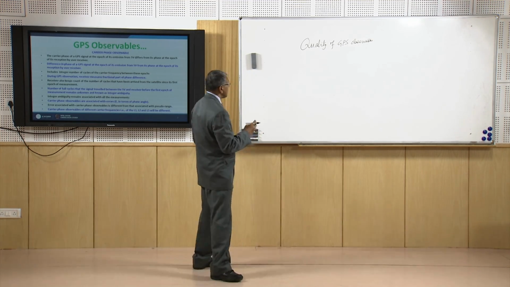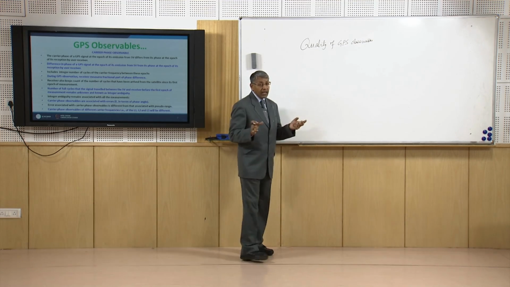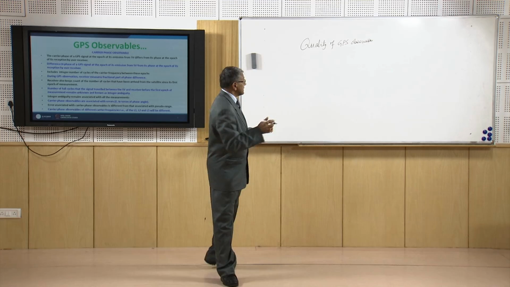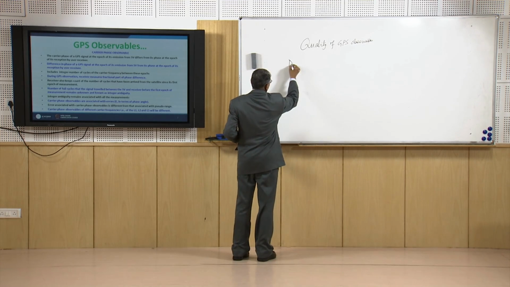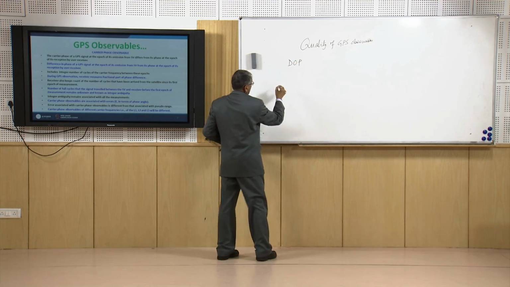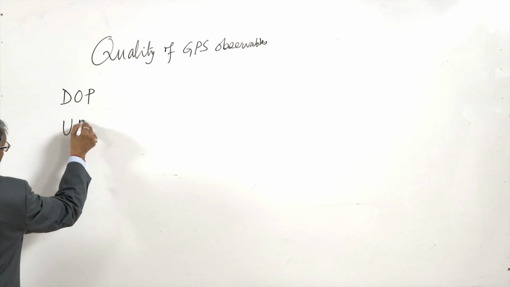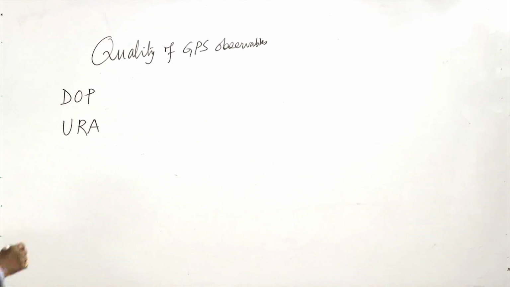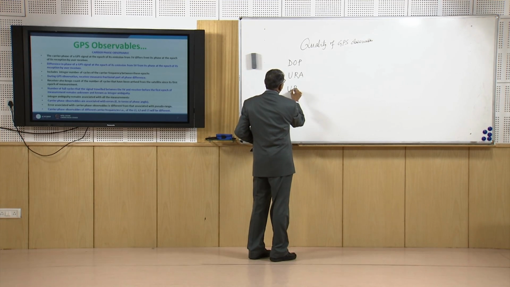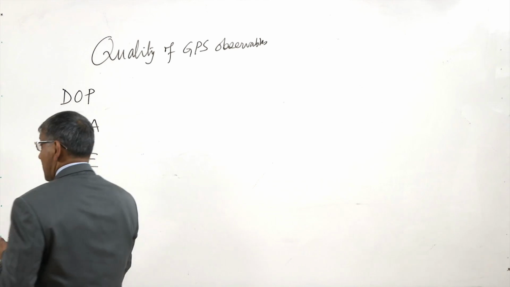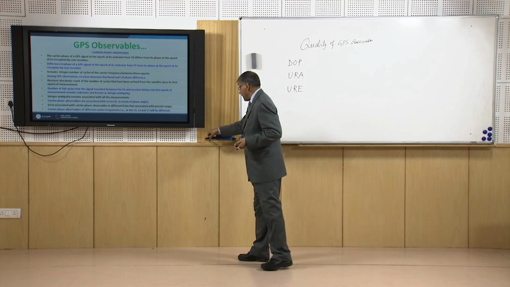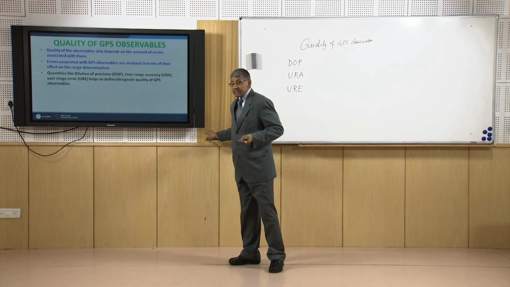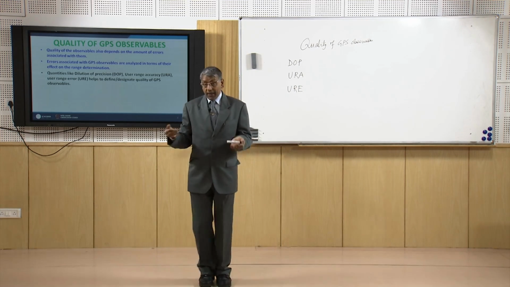There are three parameters which provide some indication about the quality: DOP, dilution of precision, URA, user range accuracy, and URE, user range error. These are the three parameters which provide some indication about the quality of the error.